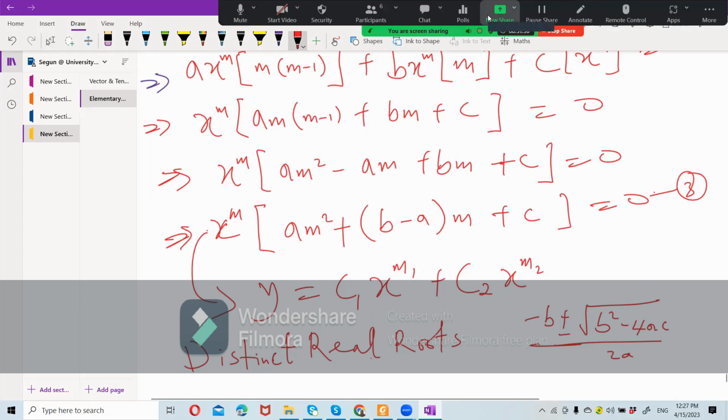So when you use this, remember that when you have B squared minus 4AC, when it's greater than 0, B squared minus 4AC, when it's less than 0, what do you have?